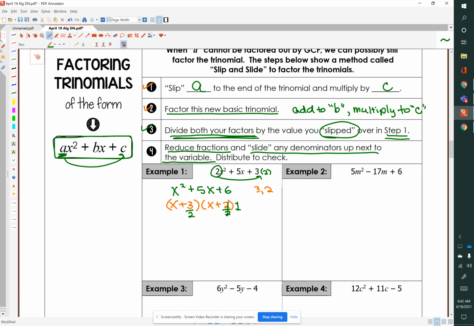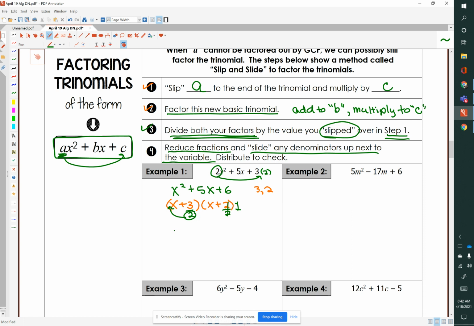And then I'm going to take this number that I divided by, any remaining denominator I have here. So I've got here a remaining denominator of 2. I'm going to take that 2, I'm going to slide it back up in front of the x and rewrite my factored trinomial, which is now no longer a trinomial.